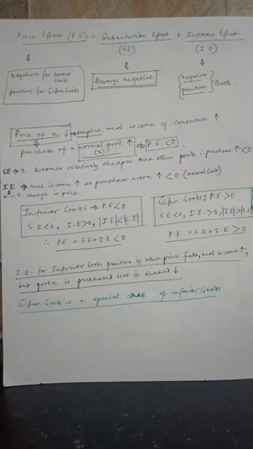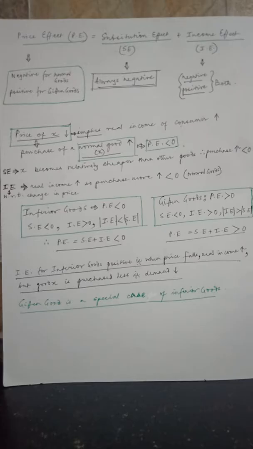Now today I am going to talk about the price effect, the substitution effect and the income effect. As you all know, I have talked in my earlier class about the law of demand, the price effect. The law of demand states that whenever the price of a commodity increases or decreases, the quantity demanded for that commodity will be moving in the opposite direction.